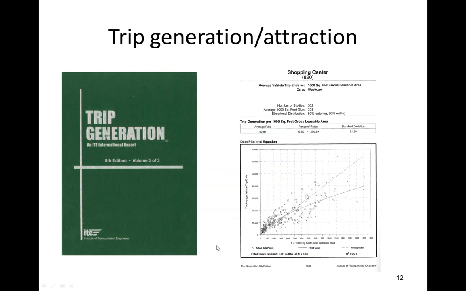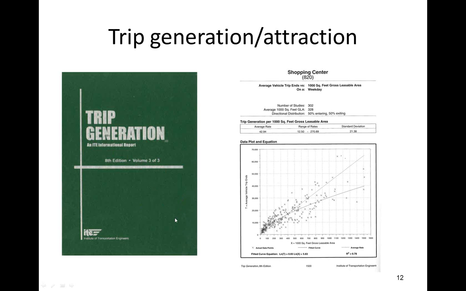Okay, let's look at this one by one. Trip generation attraction. Trip generation attraction modeling uses the various attributes of a trip maker or place to estimate the number of trips. This in front of you is the ITE trip generation report. This is the 8th edition.